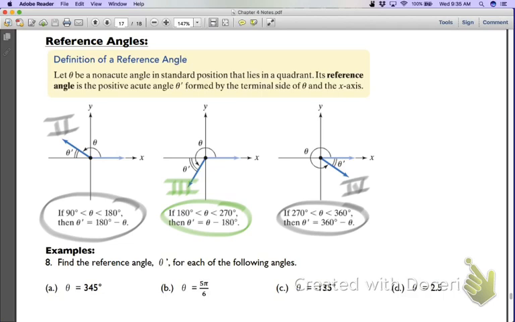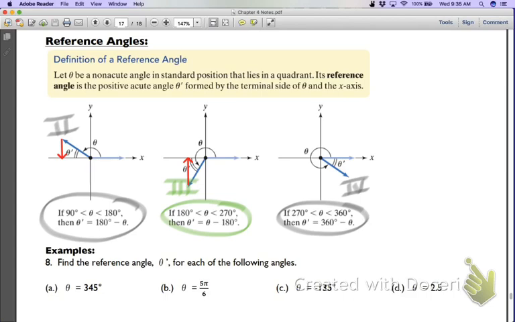If we draw our triangle, we would go there if it's in quadrant 2, to make up our actual angle. Same way, if we were going this direction in quadrant 3, we're going to go back up to the x-axis. Since your actual angle is bigger than 180, you're going to put it in front.